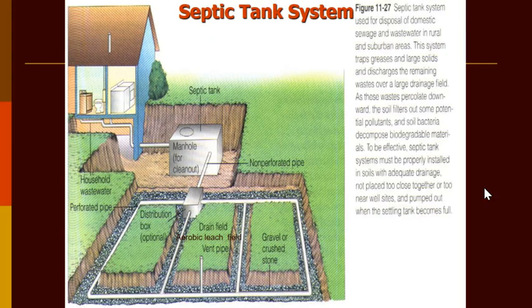Now, what if you don't live in a place that has a sewer system? You will probably have a septic tank, and a septic tank is a mini sewer system. You have a tank that has biologics in it, usually bacteria, that is going to digest all of the stuff that's coming out of your house, and then it is sent through a filtration field, right?